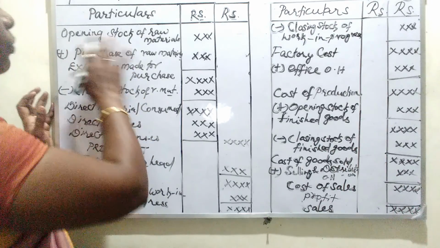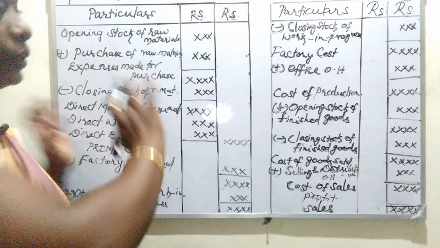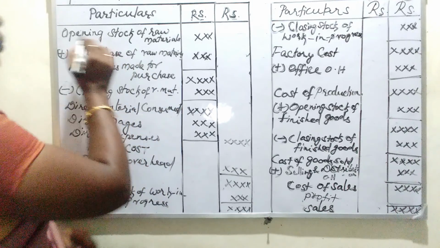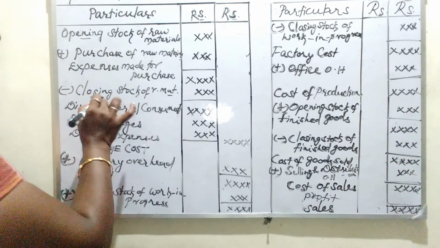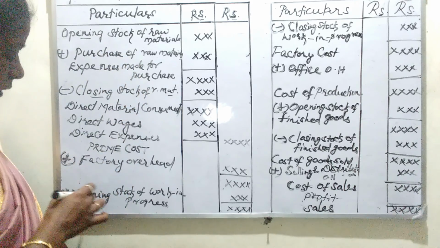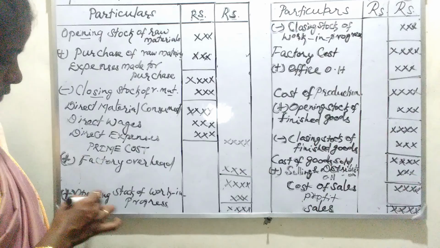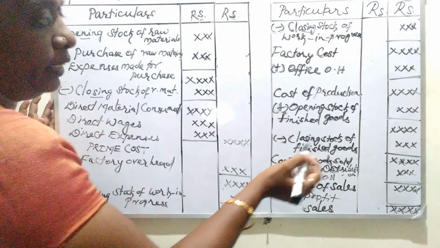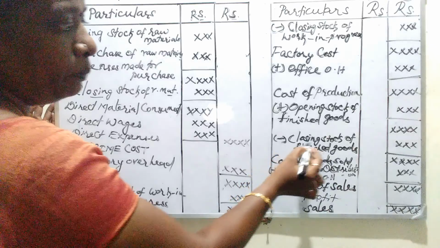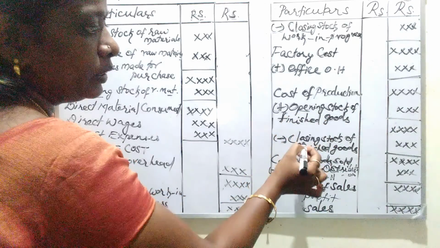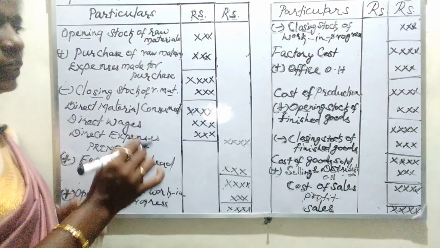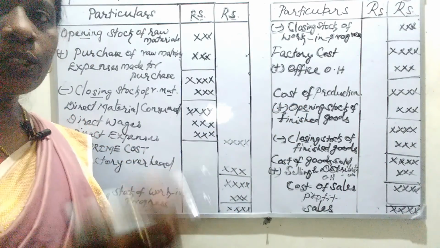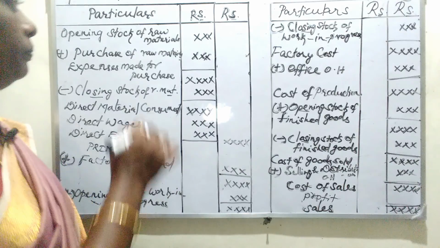First one, opening stock of raw material. Every stock is divided into opening stock and closing stock. Same as opening stock of work in progress and closing stock of work in progress, opening stock of finished goods and closing stock of finished goods. So what is the difference? Opening stock is the balance of the previous year.